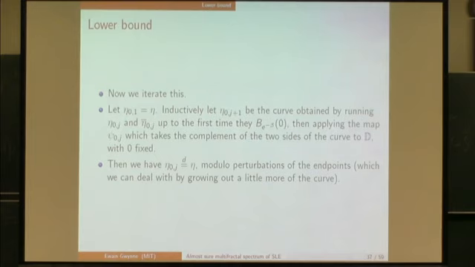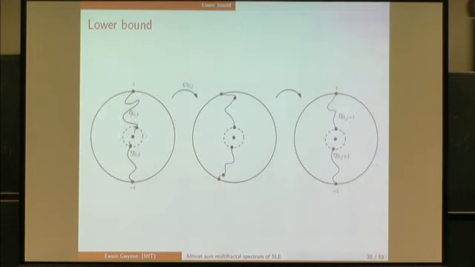The way that we deal with that is by growing the curve a little bit more until we can find a conformal map which takes the endpoints to negative I and I, so that we get something that has exactly the same law as at the previous stage. So the setup looks like this. Here are our curves at stage j. We conformally map out these two black parts of the curve.